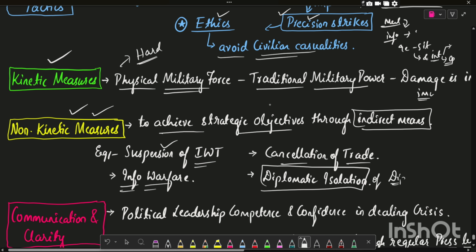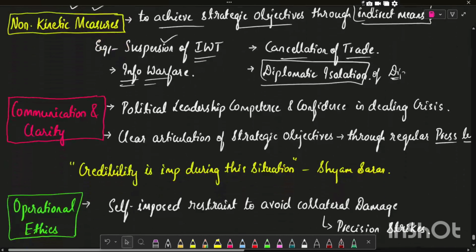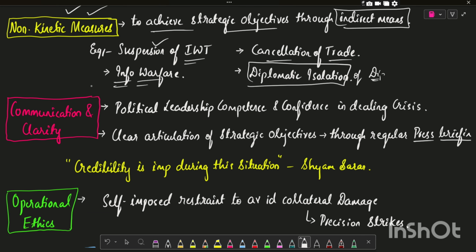And the next important aspect is communication and clarity. During Operation Sindoor, the political leadership's competence and confidence in dealing with the crisis was checked.